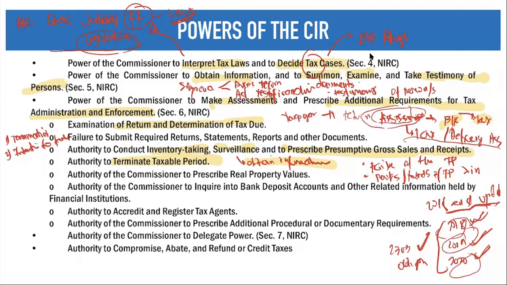Another condition wherein you can terminate your tax period is if you have the intention to remove, hide, or conceal your property. So if the taxpayer has the intention to hide the property of the taxpayer. And another is if ever there is an intention to obstruct proceedings on tax cases.